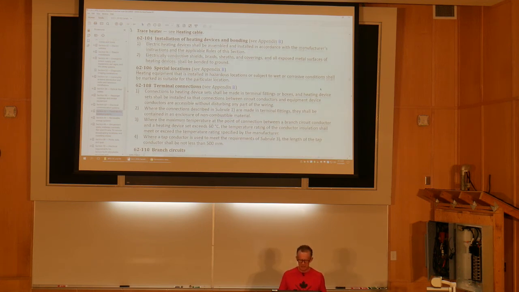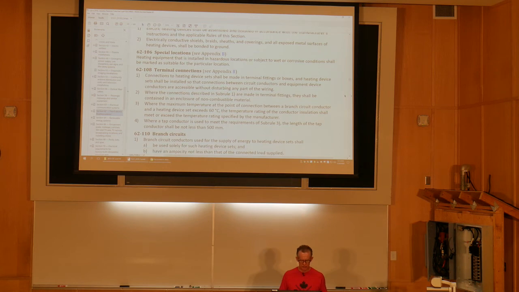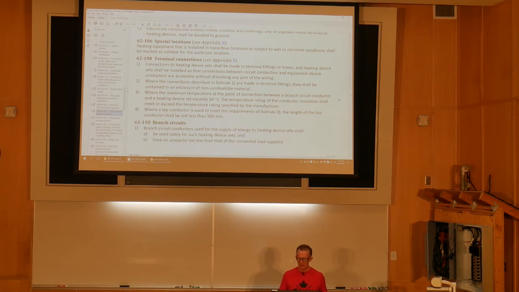And let's get down to terminal connections. Connections to heating devices shall be made in terminal fittings or boxes, and the heating device set shall be installed so that connections between the circuit conductors and equipment device conductors are accessible without disturbing any part of the wiring.